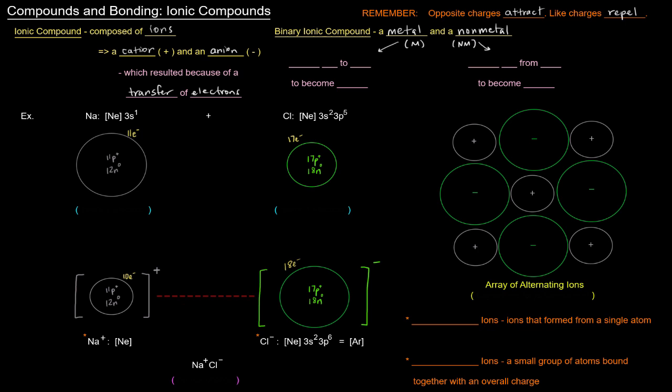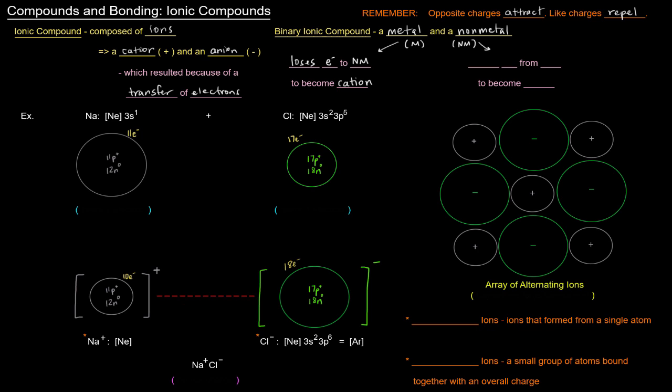Okay. So the metal in a binary ionic compound loses electrons to the nonmetal to become the cation. Okay, metals lose electrons to become cations.